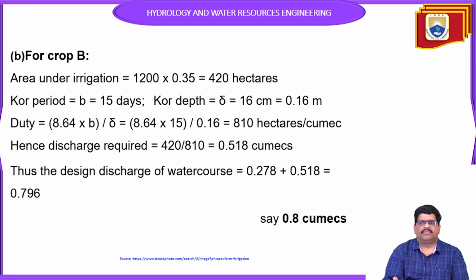Now we have to find the duty. That is 8.64 B divided by delta, where delta is the core depth. That is 8.64 into 15 divided by 0.16, which is equal to 810 hectares per cumec.